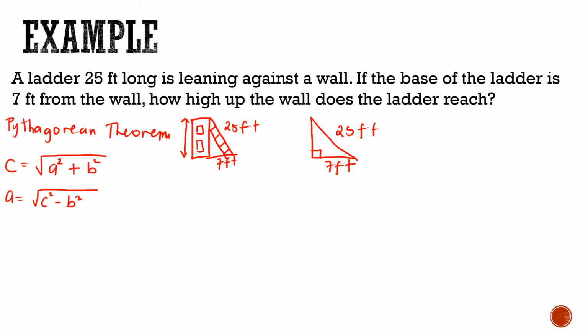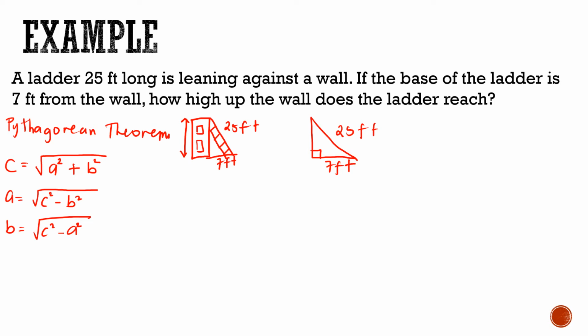If we want to find the value of the opposite side, that will become B is equal to the square root of the square of the longest side, C, or the hypotenuse, minus the square of the adjacent side, or A.